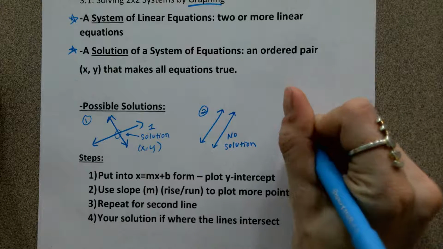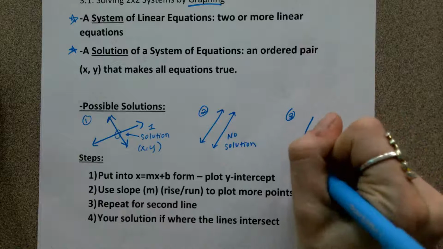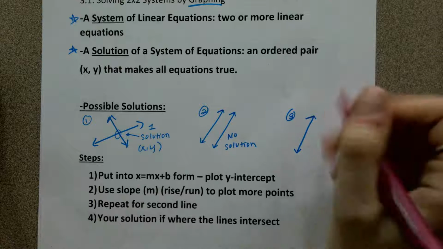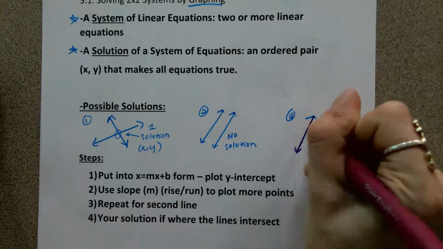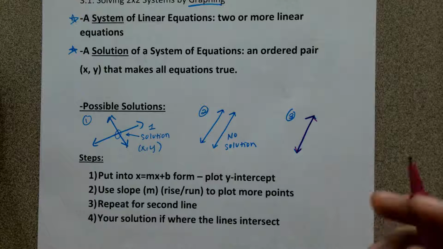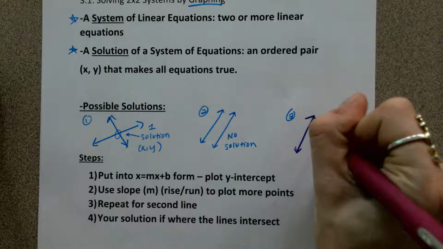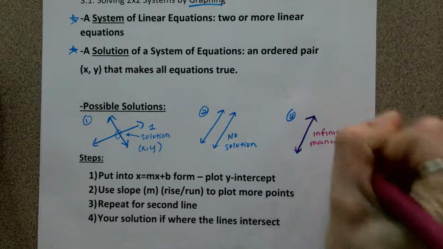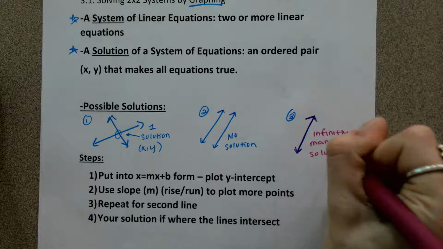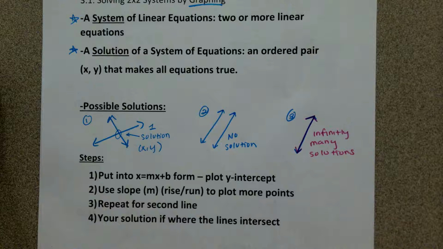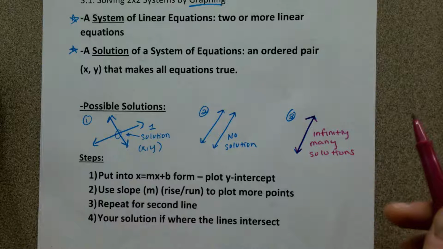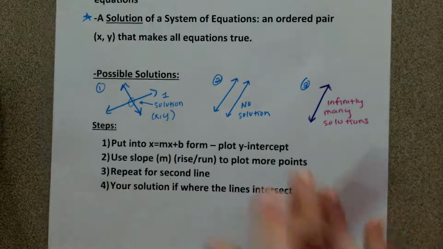And lastly, we can graph one line, and then if we graph our second line and it is the same line, we'll have infinitely many solutions. So if the lines overlap, it's the same line forever, you have infinitely many solutions.